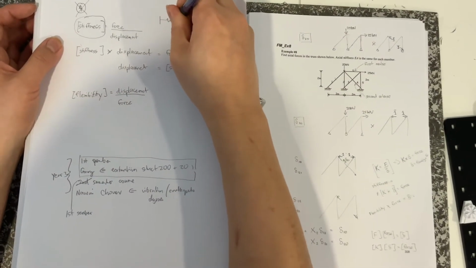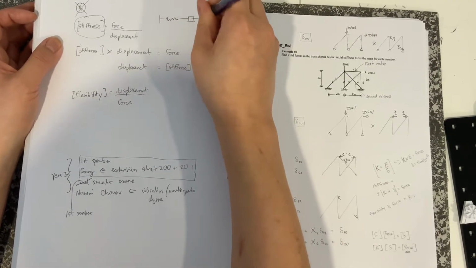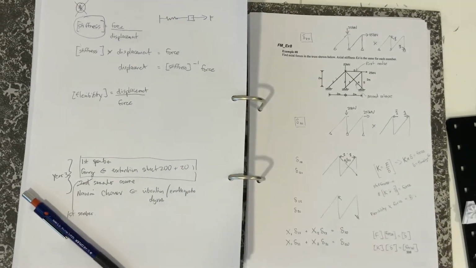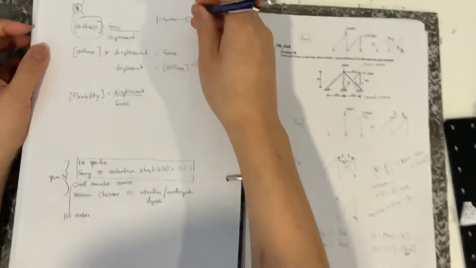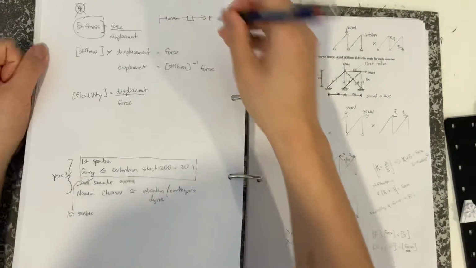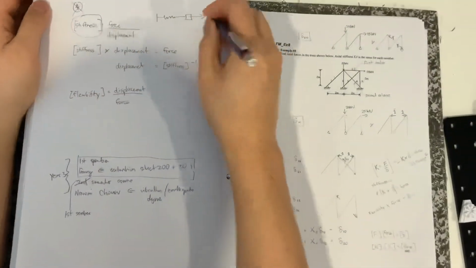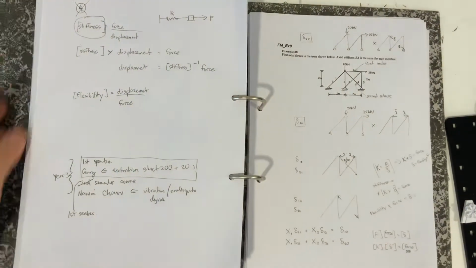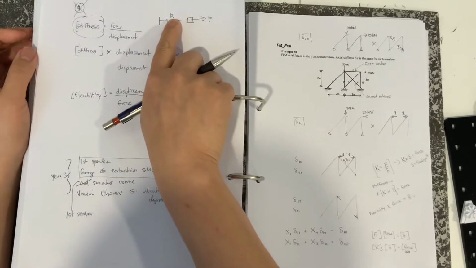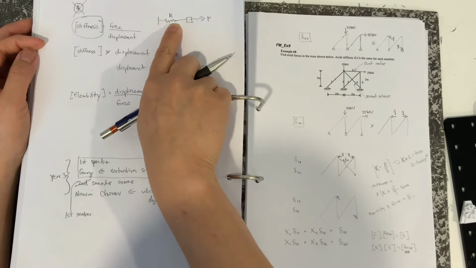So think of a spring here, and then you've got an object there, and you put a force onto it. You've got a force that's been applied here, and then you would say that this spring has a stiffness K. Okay, so K. You have seen stiffness before, the stiffness of a spring, for example.